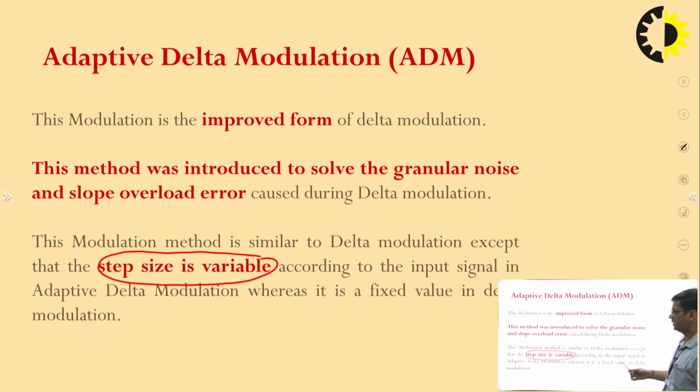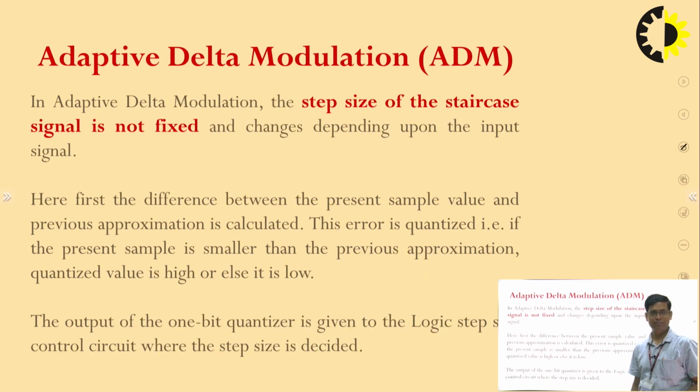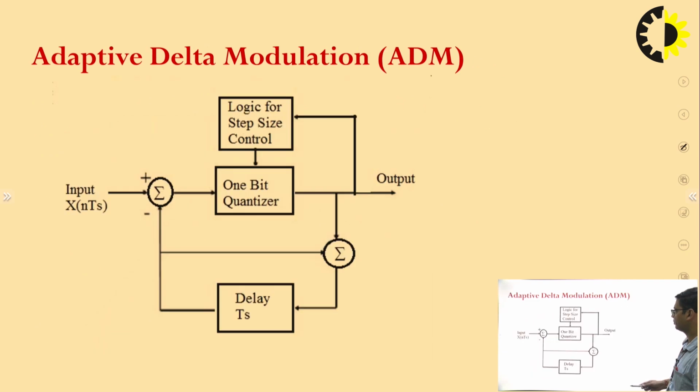Now, let us see the block diagram of adaptive delta modulation. In case of adaptive delta modulation, there is an additional logic which is used to control the step size. In case of delta modulation, we had this section only.